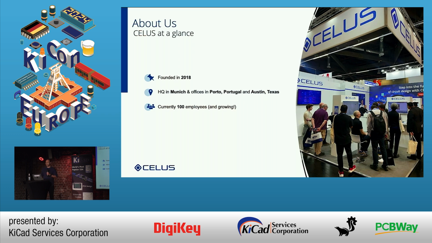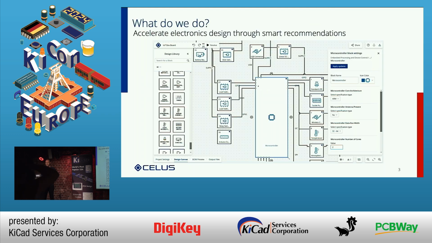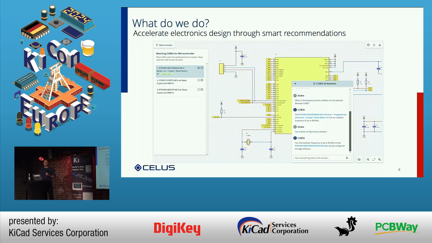What we do is, we're basically a software company whose mission is to accelerate electronics design through smart recommendations. What does that mean? That can mean a lot of things. We have an online platform called the Celus Design Platform, and we enable every engineer to go to this platform to define the requirements of the project they are starting, in the form of block diagrams and parameters. We take those requirements and recommend the appropriate circuits and components for your design.